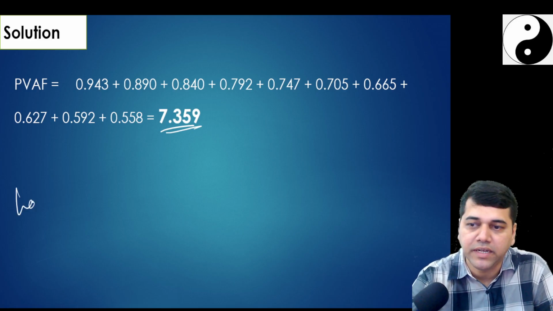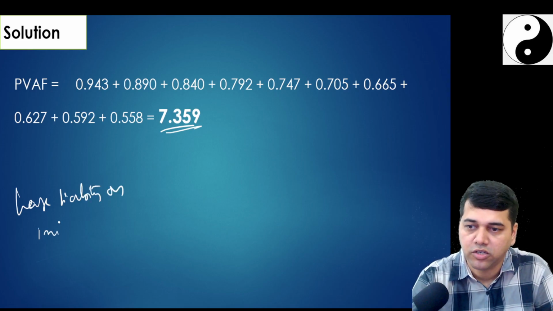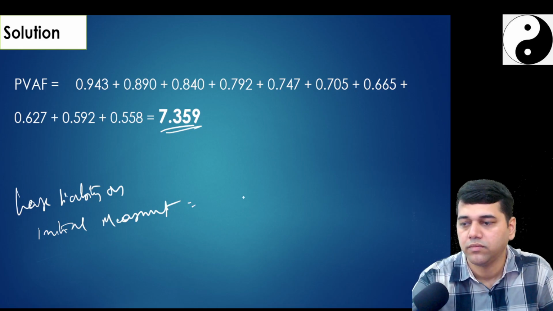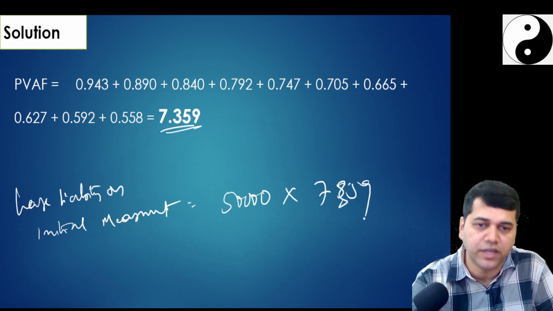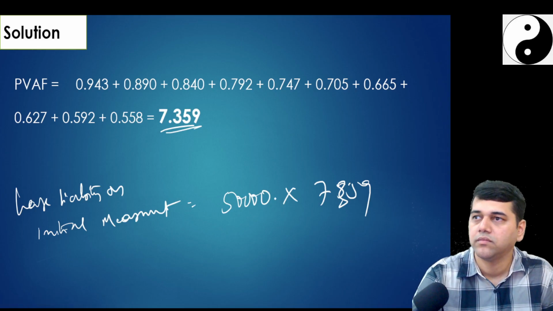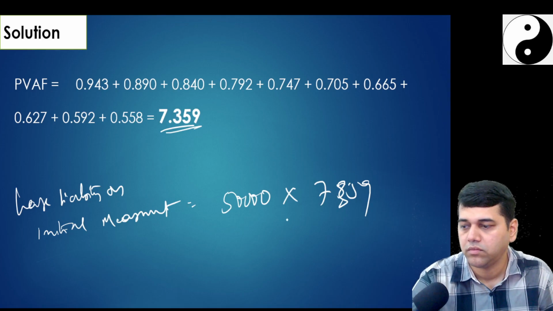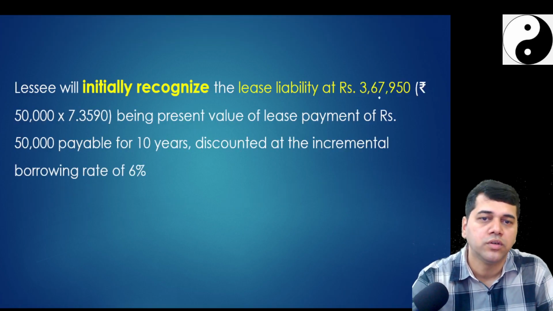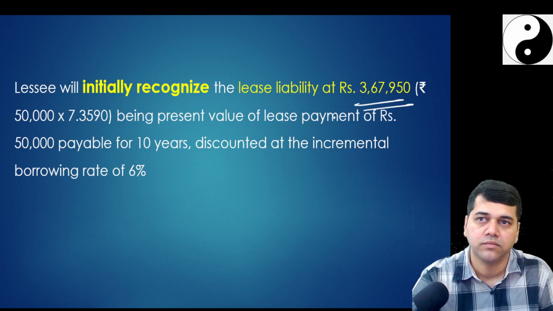So the lease liability on initial measurement is equal to 50,000 into 7.5359. So that comes to 3,67,950.